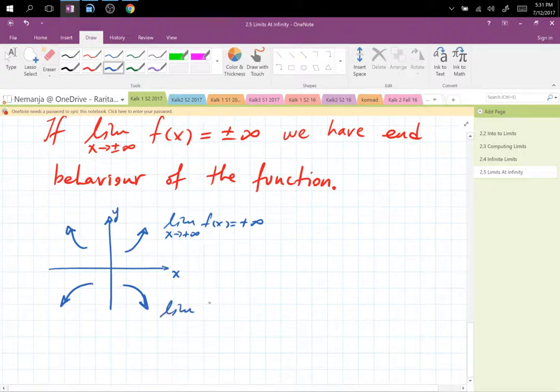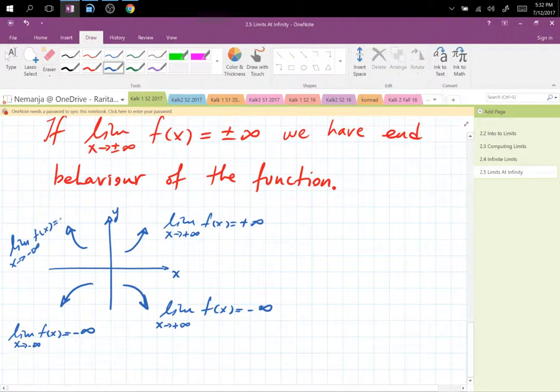This one is the limit of f of x is negative infinity as x goes to positive infinity. Or the ones on the left, the one on the bottom says the limit as x goes to negative infinity gives you negative infinity, and this one is the limit as x goes to negative infinity giving you positive infinity. So if the arrow goes up, the answer is positive infinity. If the arrow is going down, it's negative infinity. Just use common sense to sort them out.